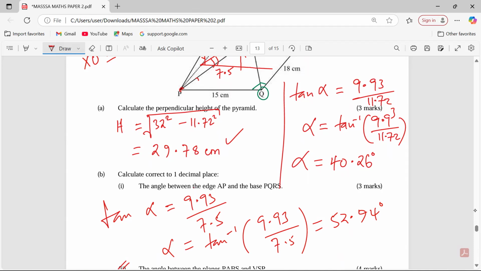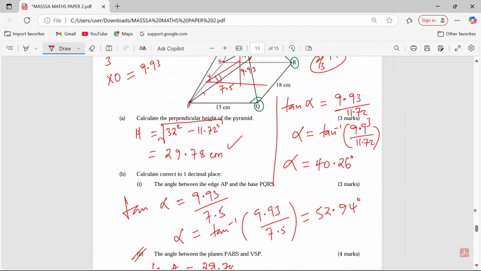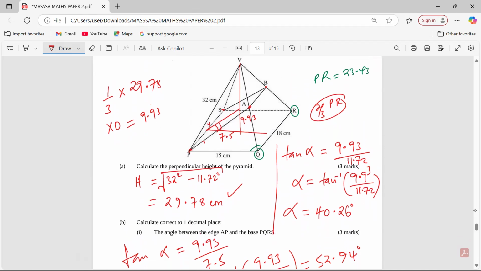Now with these two angles, we can subtract them to get the angle between the two planes, because we are already having PABS and the base, and we are also having VSP and the base. So VSP and the base is the bigger angle, from here all the way to the base. Then we have from this plane all the way to the base.